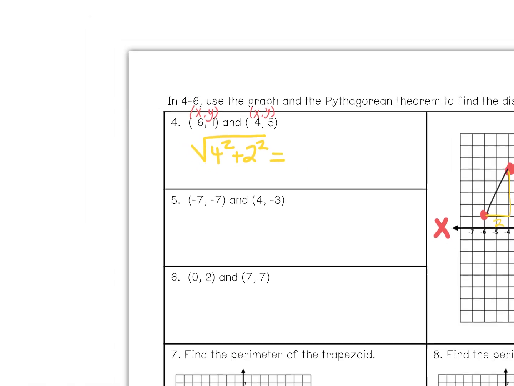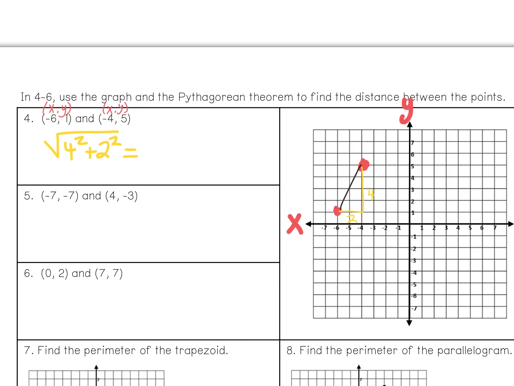Plug that in the calculator and let's see what you get. 4.5. Yeah? 4.5?